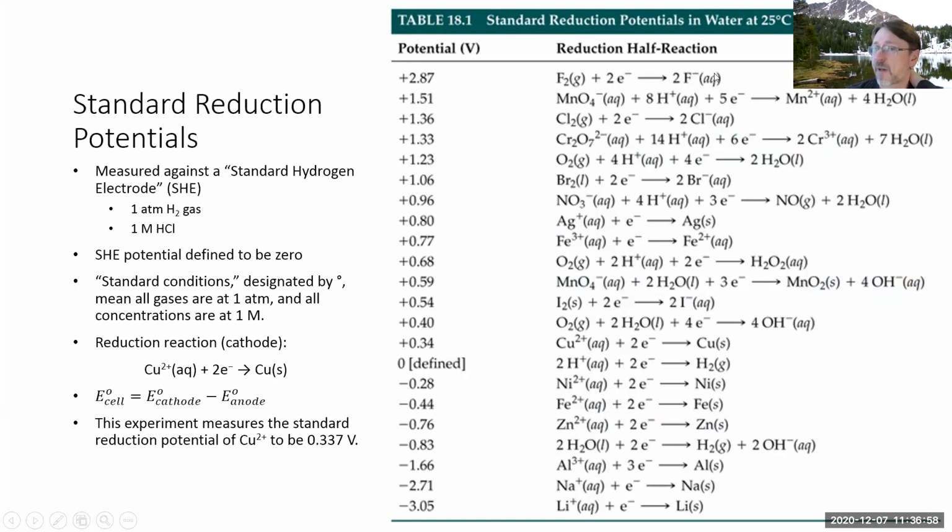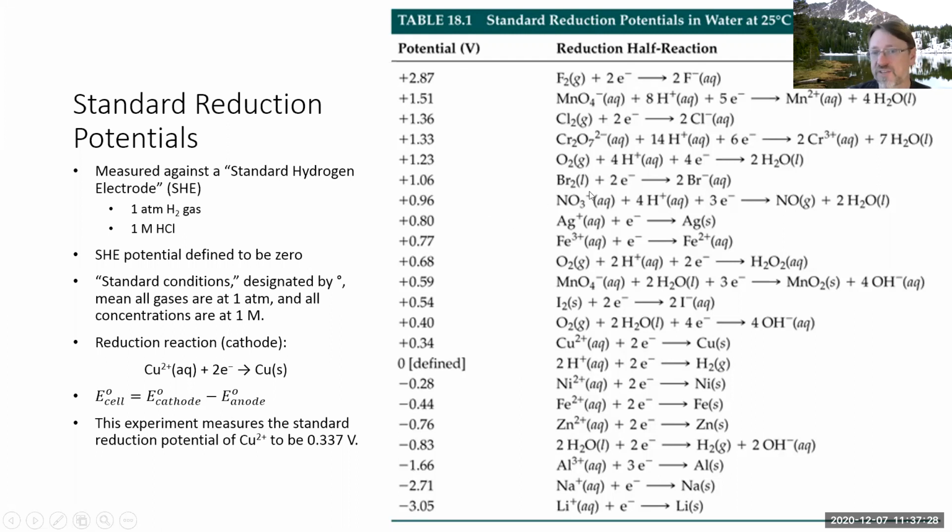If the reaction that's happening is actually the oxidation reaction, which means that we're going from what is products here to what is reactants on the other side, then in that case, we simply take the negative of the potential that we have listed here. So reduction potentials are what is tabulated. And so what we do is we take the cathode reduction potential minus the anode reduction potential to get the overall cell reduction potential.